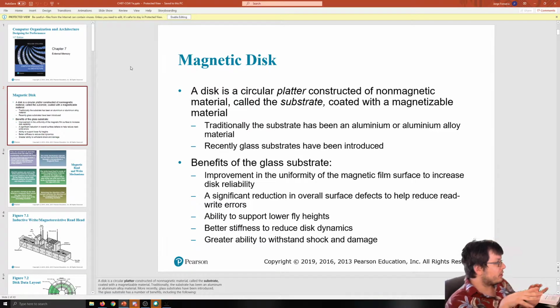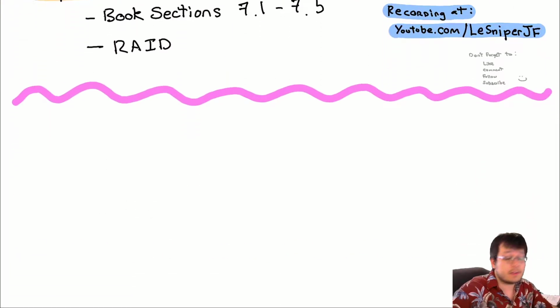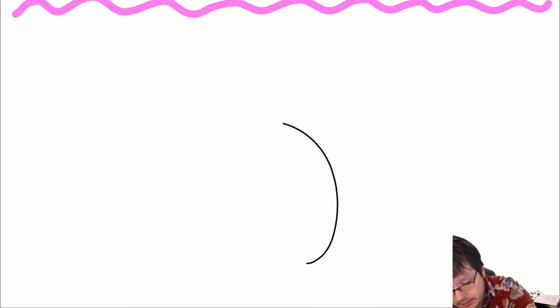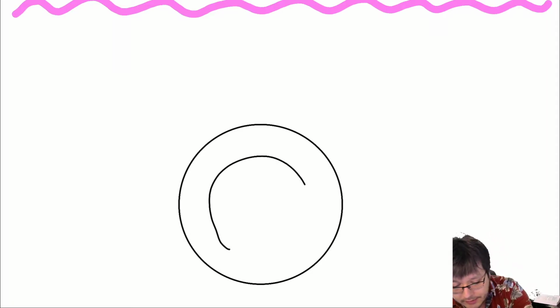Okay. So the way that you store information in a hard drive is you have this little platter that is spinning around, and maybe I'll switch to drawing it. Well, there's a picture here, but I feel like it might be better to draw it. And so you have a disk. And that disk, if we go ahead and sort of flatten it, has a lot of tracks in it, okay?